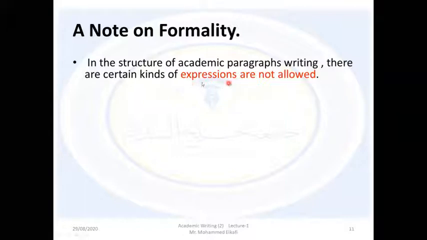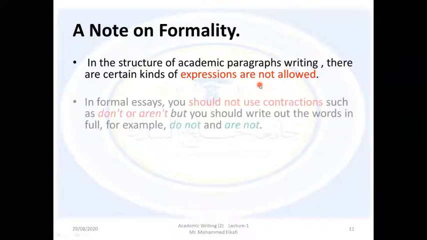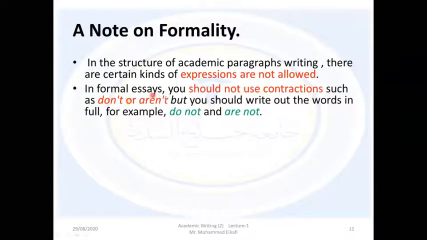So here we have some expressions that are not allowed in academic writing. What are they? Informal essays or paragraphs. We'll talk later about the essay, which is a group of many paragraphs, not just one. In formal essays or paragraphs, you should not use contractions.